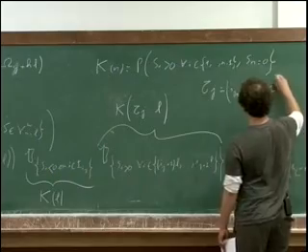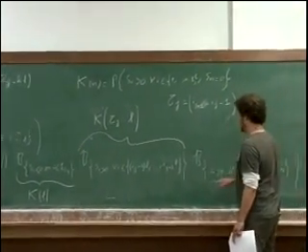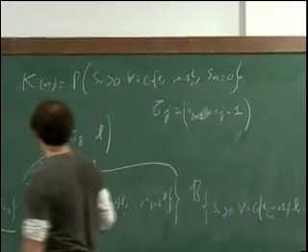This is tau j. And it gives you K of tau j L.